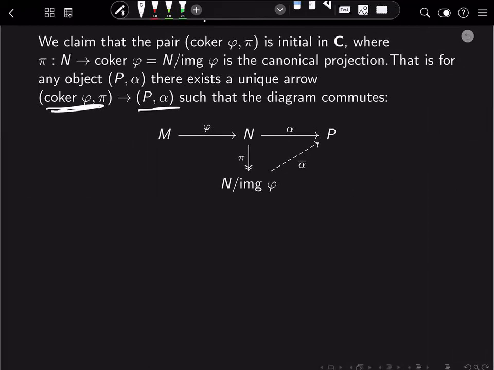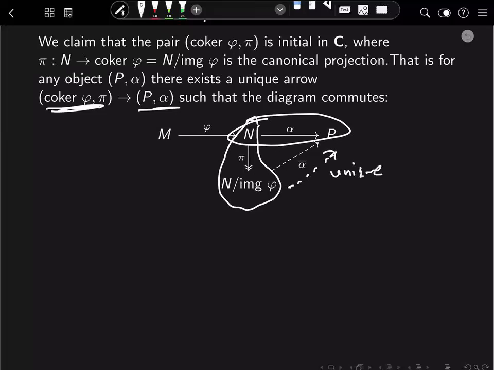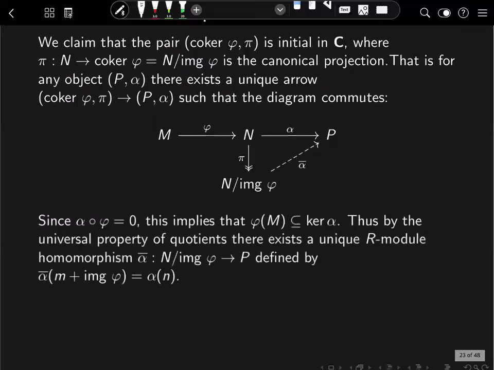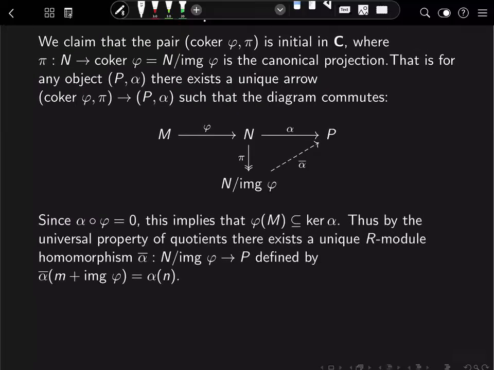So essentially what we have is our cokernel object here, and we have another object here, and there has to exist a unique alpha bar that maps cokernel onto P. And similarly to what we did before, we're going to see that the definition is forced by commutativity of the diagram.